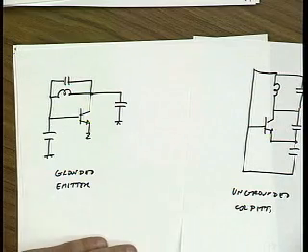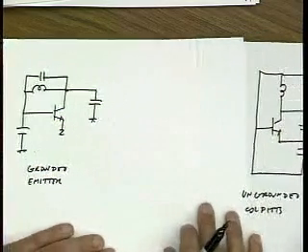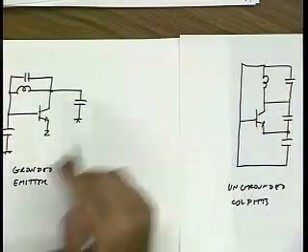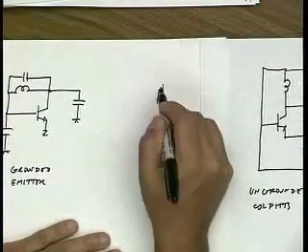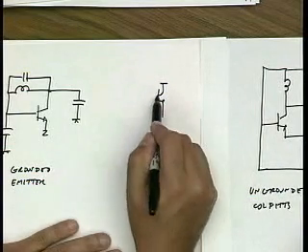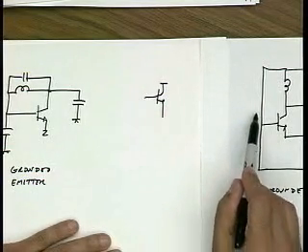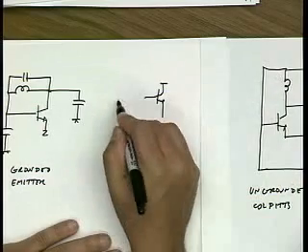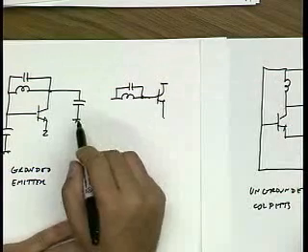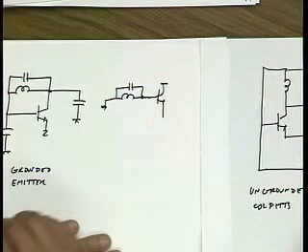Well, what if I ground the collector? So again, same circuit. If I ground the collector, then you'll notice that the base goes through an inductor, again through an LC tank, to reach the collector point, which is grounded.